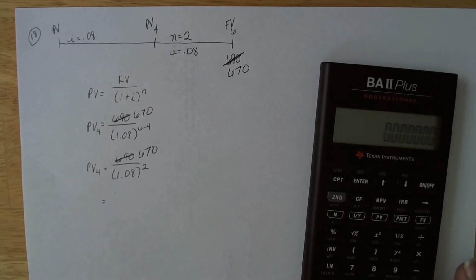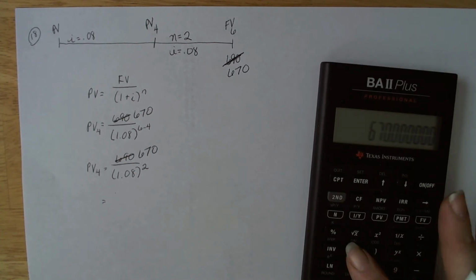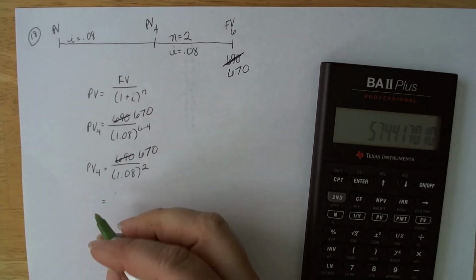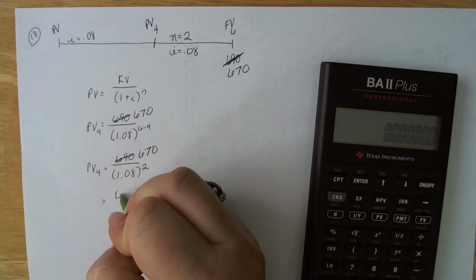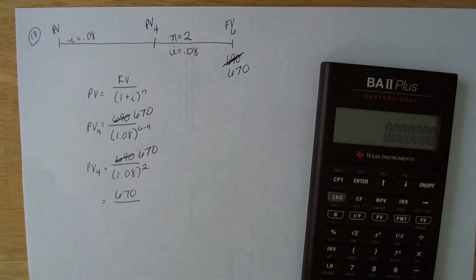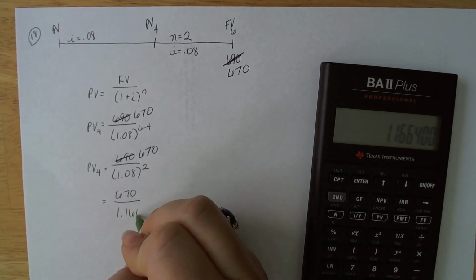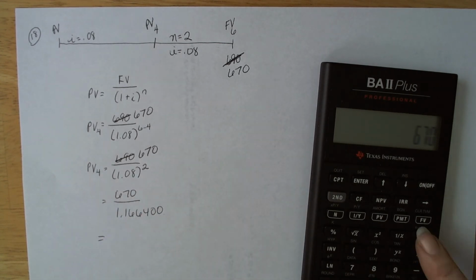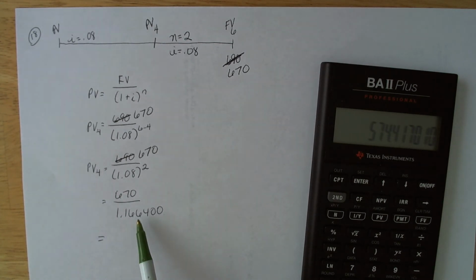All right, so we're taking 670 divided by 1.08 raised to the second, 1.166400. 670 divided by 1.166400 gives us a little bit of a different number than what we're getting in the book.